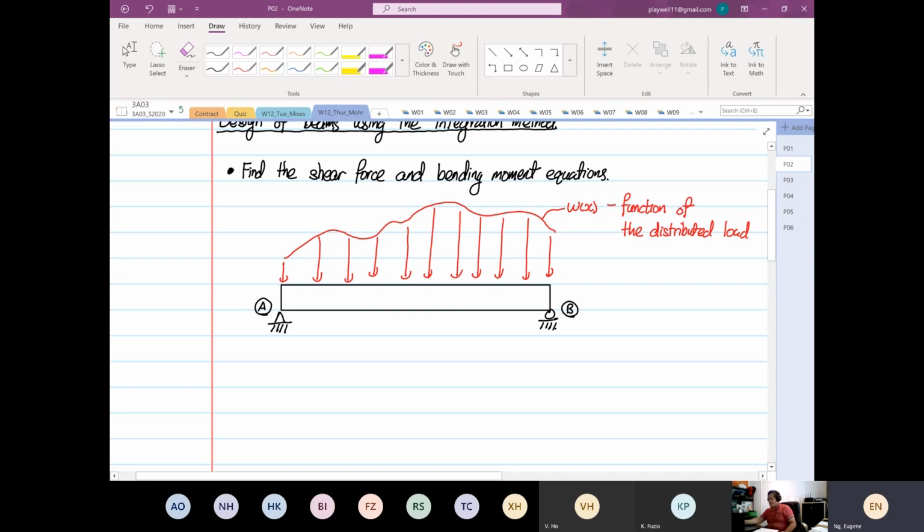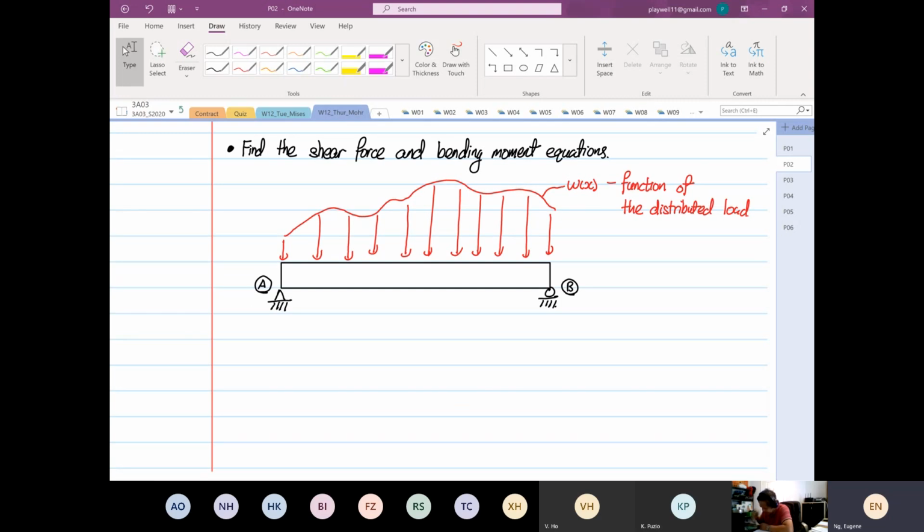Okay. So now we are going to have a relationship where we have dV over dx is equal to minus omega as a function of x, where omega as a function of x is the function of the distributed load.